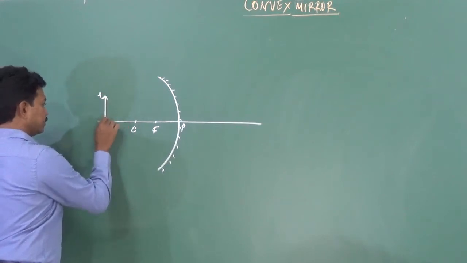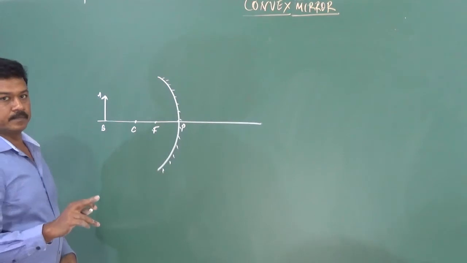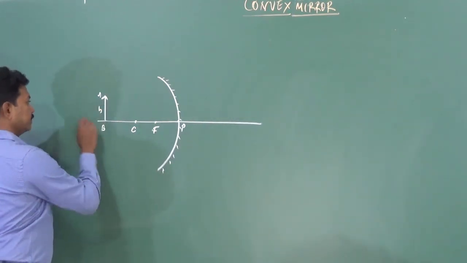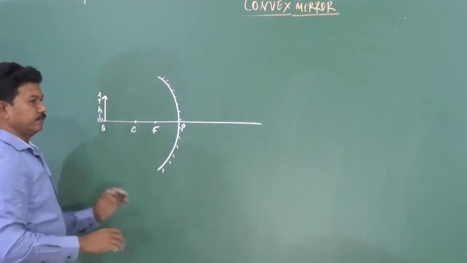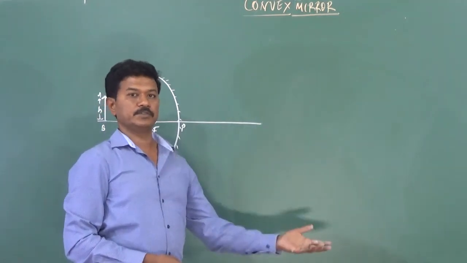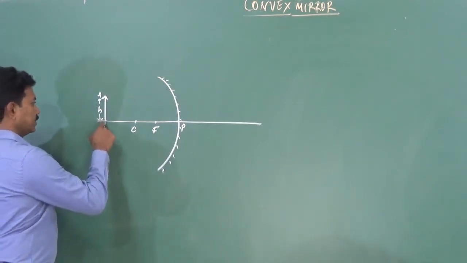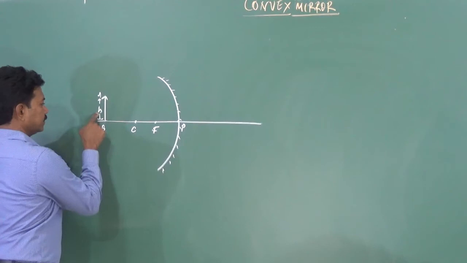The size of the object or the height of the object will be represented by the symbol H. Whether it is size of the object or height of the object, both are one and the same, no confusion. So the height of the object or the size of the object is represented by the small letter H.